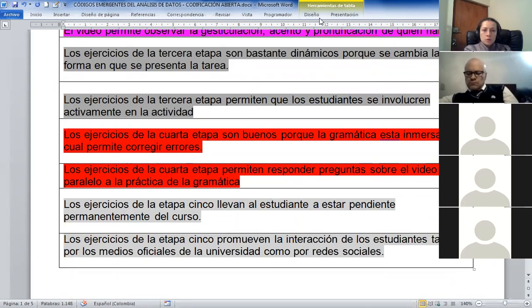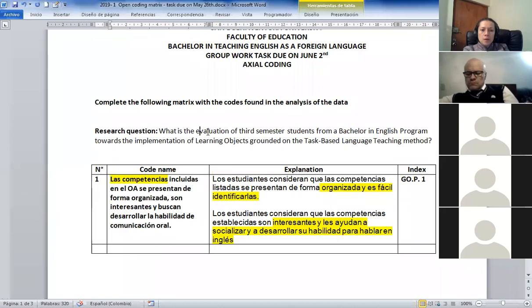Why do we have to do this? Because here we have the research question: what is the evaluation of third semester students?